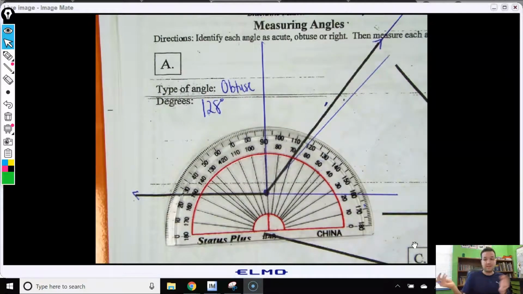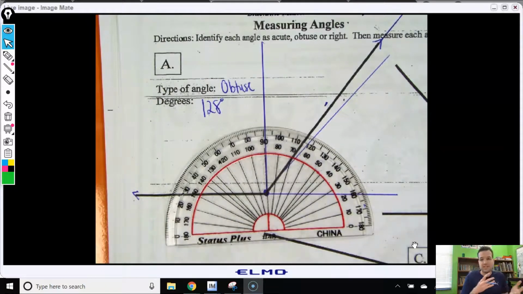So for example, I said 128, you would add 5 degrees to that. You have basically 129 degrees would be acceptable, 130 degrees, 131, 132, 133. That's 5 degrees above. So 133 would be the maximum I would allow. And then if you're going 5 degrees below, you can have like 127, 126, 125, 124, 123 degrees would all be acceptable as well. But anything less than that would therefore be incorrect.